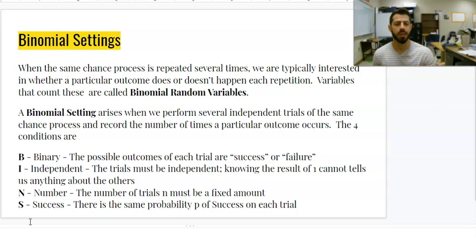We're not just doing it for an unspecified number of times or an infinite number of times. We know how many trials we're going to do. And then success: the probability of success is the same for each trial. So the probability of a successful occurrence over here isn't any different from the probability of success over here.